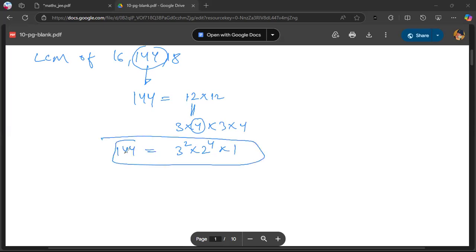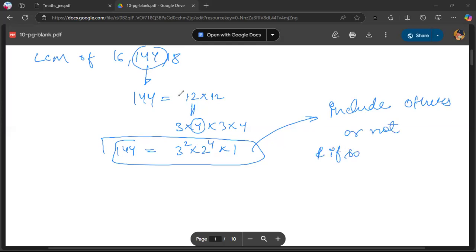Now we'll understand whether these factors can include the other numbers or not. If they can include the other numbers, then whatever the largest number is, it is the LCM.